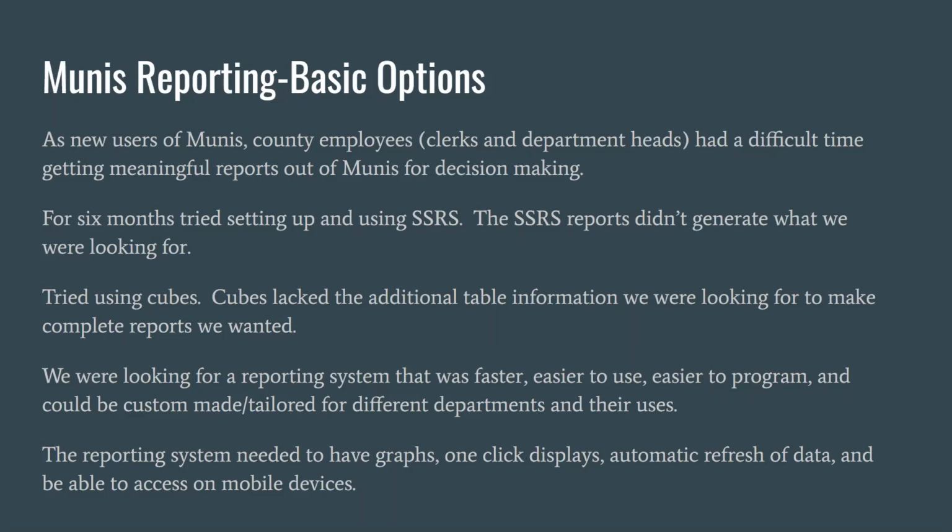To give you an idea of the problems we had when we first went live with Munis, it wasn't so much the data entry or the processing of programs inside Munis. It was more getting the information out of it and into the hands of our decision makers. We had a heck of a time trying to figure out how to get the information out, and we mainly relied on the Excel export function inside Munis.